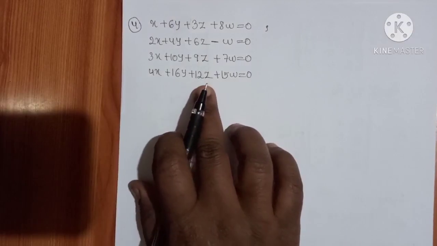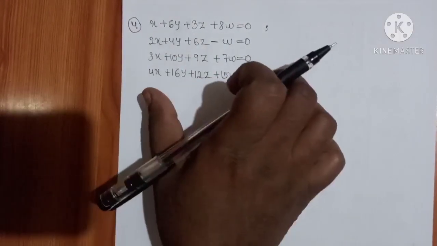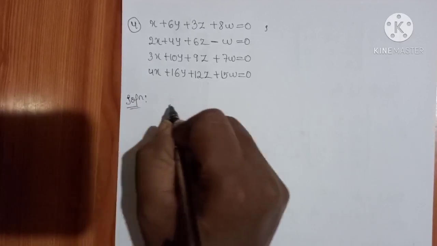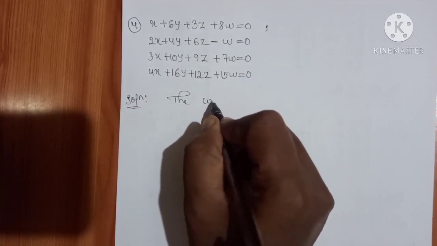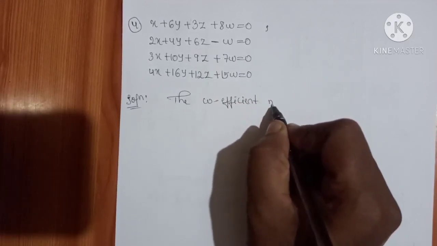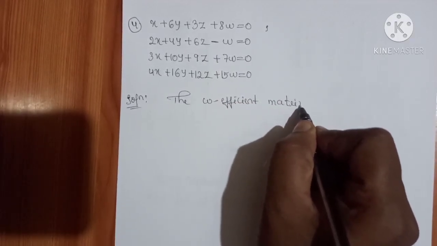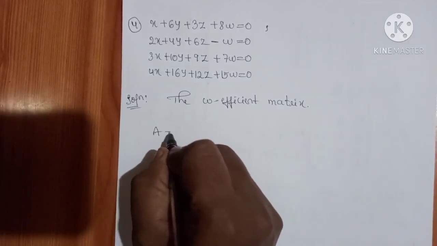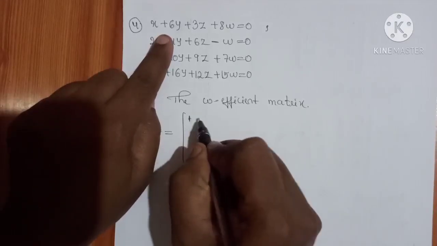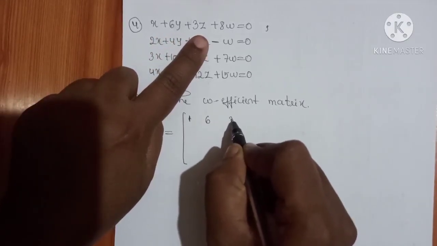Next question, fourth question, we have this system of equations. Now writing the coefficient matrix, we get A equals 1, 6, 3, 8.